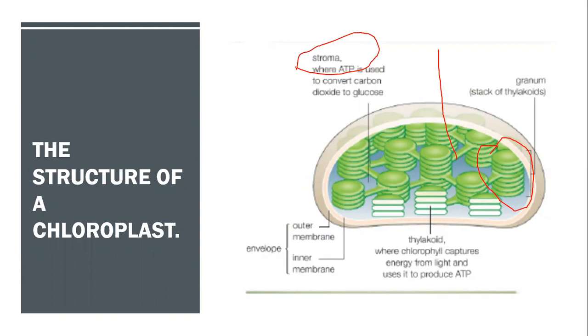Then we have the stroma. Inside the stroma, we have enzymes that are going to complete the process of photosynthesis and actually produce glucose. So glucose can then be used for respiration, storage, whatever you want to do with it.